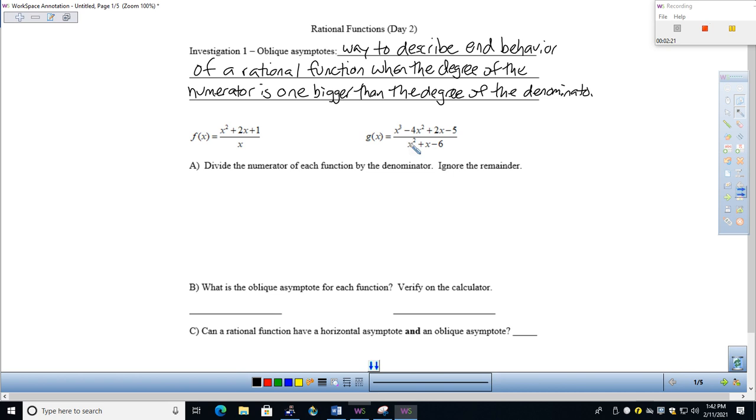The way we're going to do this is through a little long division, a nice little review for us. As it says in part A, divide the numerator of each function by the denominator and ignore the remainder. A long story short, anytime we have a divisor, in the denominator, whose degree is 1 less than the degree of the dividend in the numerator, our quotient, our answer, is always going to be a degree 1 polynomial, as we'll see.